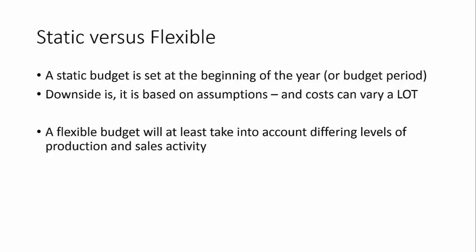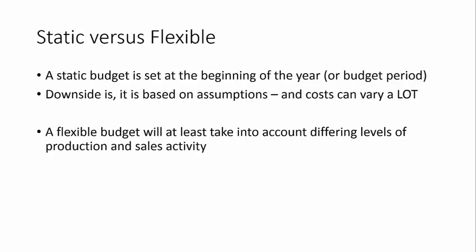Now, more often than not, companies will use what is called a static budget, meaning that once they finalize what that budget is, those budget assumptions will be carried all year long. So if they assume a certain amount of production all year, even if conditions change, even if the economy changes, that budget is going to stay as it was built originally.